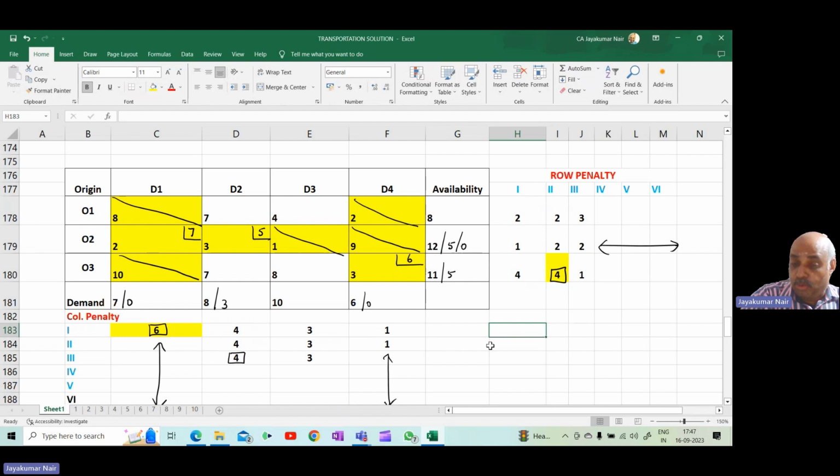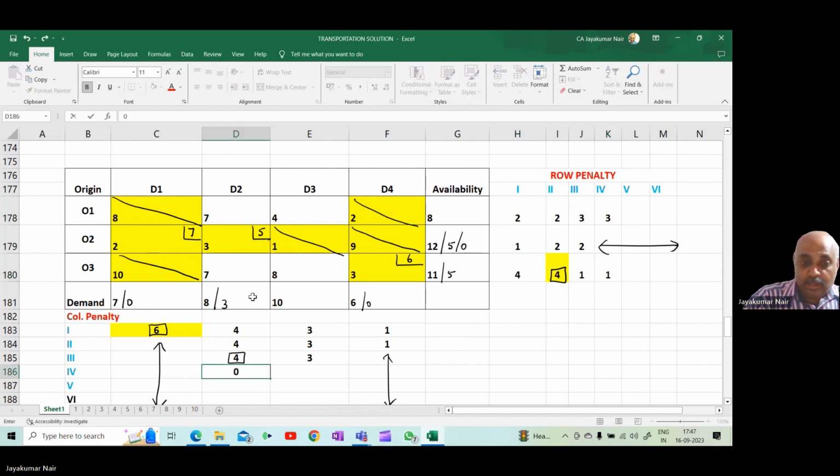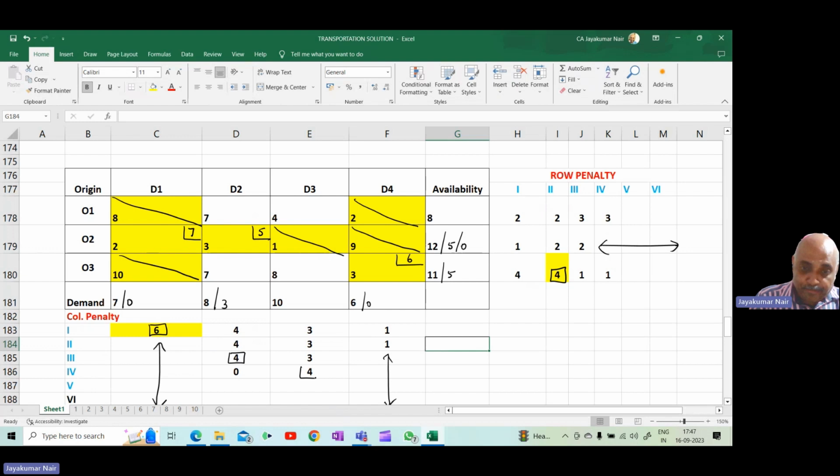Availability has become 0. Okay, now again you calculate the penalty cost. Penalty cost is 3 here, and here it is 1. Here it is 7 and 7, 0. And here 4 and 8, 4. Which is the highest? Highest is 4. Select this 4. In this, which is the least cost?